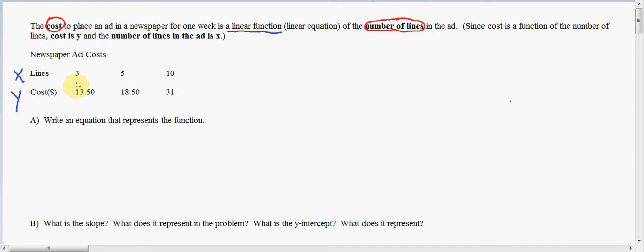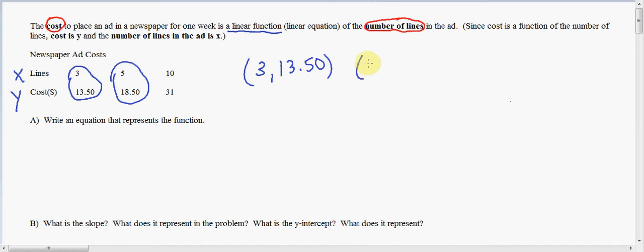And I want to pick 2 ordered pairs. I can pick any 2 ordered pairs. Here's the first ordered pair. I'm going to write this off to the side as (3, 13.50). And my second point I'm going to pick is (5, 18.50). Now, I could have picked (10, 31) if I wanted to, but I didn't want to, so I'm picking these 2.